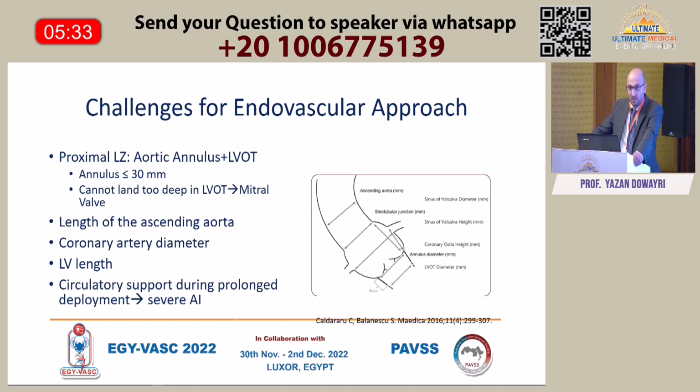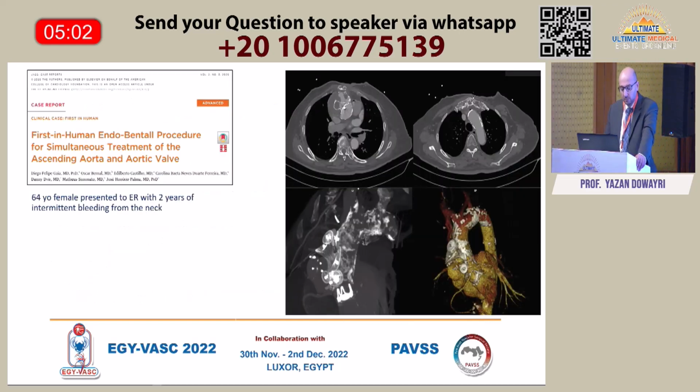The length of the left ventricle to accommodate a nose cone of an aortic device or an aortic valve is an important consideration, as you don't want ventricular perforation if you are using other than an apical approach for deployment of the stent graft. And of course, as you deploy any device through the aortic valve, you can have severe aortic insufficiency, and you have to always be ready to utilize some sort of cardiopulmonary circulatory support.